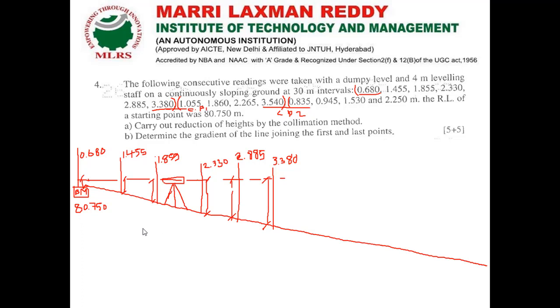Okay, so with respect to this point, this is our instrument point, station point, STP, we can call it. So our leveling staff height is 4 meters, so if I go for another 4 meter, the height of the leveling staff won't match, or we cannot see the reading.